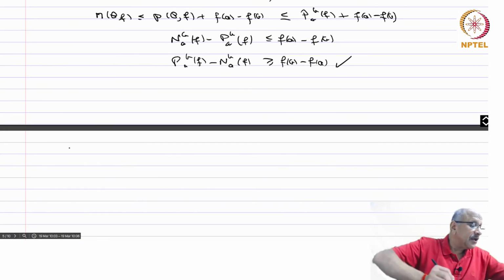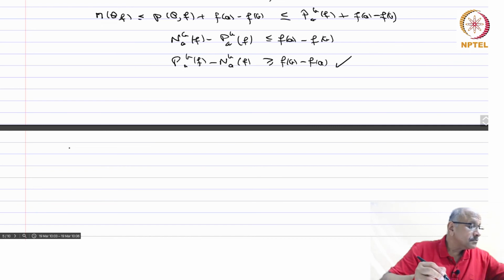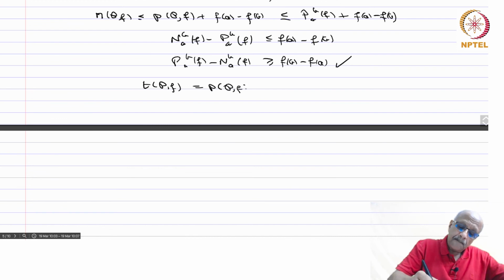Now for the other statement, you have T(P,f) for any partition is equal to P(P,f) plus N(P,f).